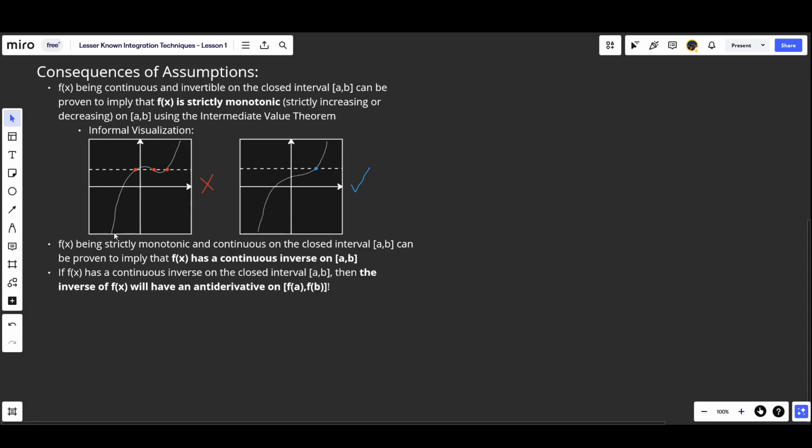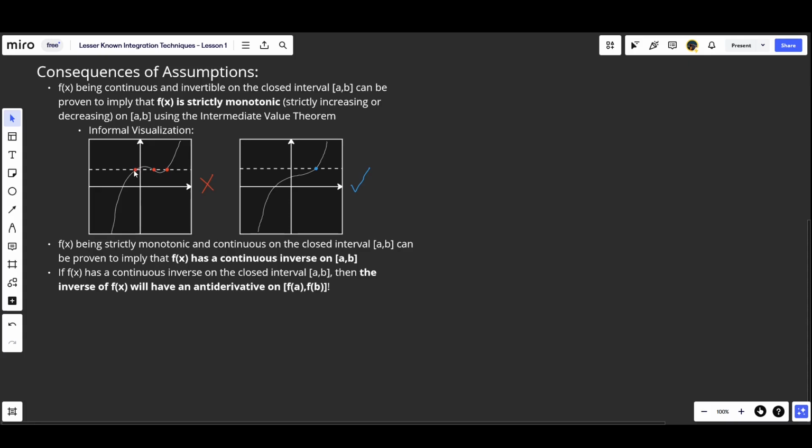On this left graph, I drew a function that has parts where it's both increasing and decreasing. However, being both increasing and decreasing and continuous implies that the function has minima and maxima. And the presence of minima and maxima implies that there are points around these where the function outputs the same value for different x values.